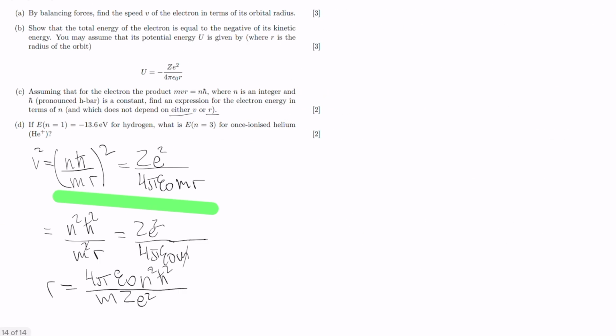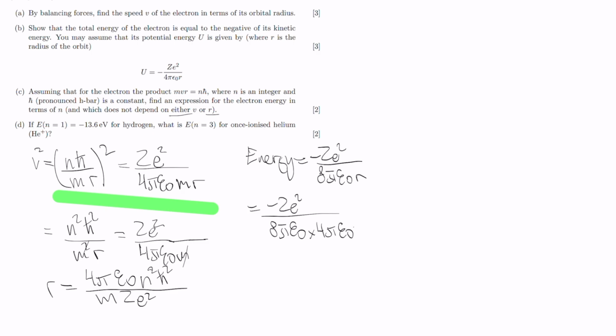Okay, now we're going to sub this into this expression. So the total energy, I'm going to say that energy was equal to, I'm just going to copy this down, minus Ze squared over 8 pi epsilon naught r it was. So this here will then be equal to minus Ze squared over 8 pi epsilon naught. Now r will be given by 4 pi epsilon naught n squared h bar squared, then we've got the factor of m Ze squared like that.